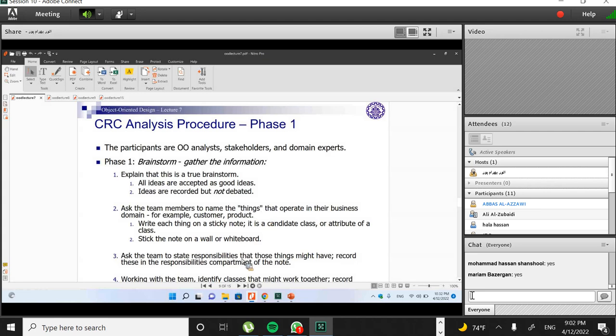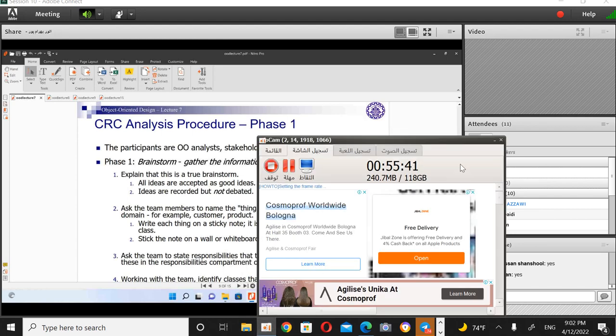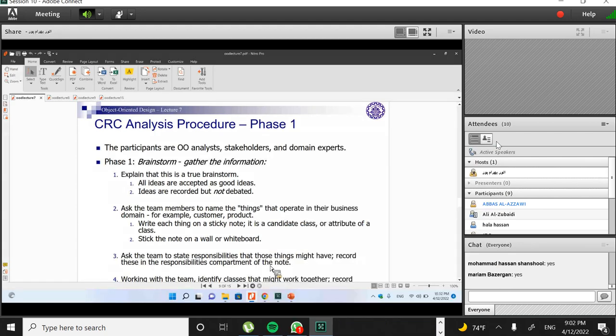In this step, we ask them to state the responsibilities of those things that they recorded on sticky notes, and record these responsibilities in the responsibility compartment of the CRC card.